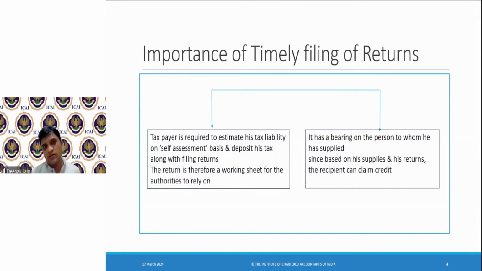The other, practically important aspect of this timely filing is that it has a bearing on the person to whom you have supplied. To whom you supply, he will claim the credit based on your return. Based on your supplies and your returns, the recipient can claim the credit. That's why if the supplier files the returns on time, then the recipient will be able to claim the credit.